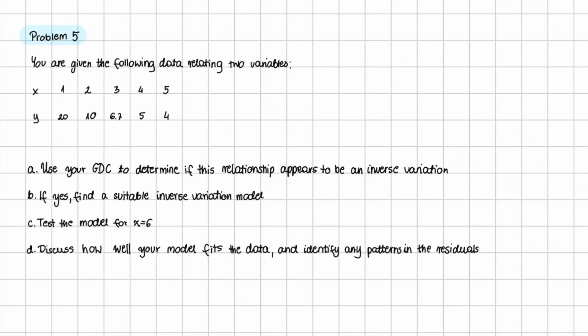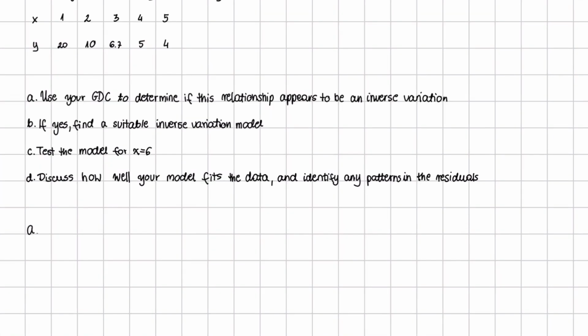Problem 5. You are given the following data relating two variables, and we have the first row with x and the second row with y. And in A, use your GDC to determine if this relationship appears to be an inverse variation. So firstly, we have to recall how our relationship looks in inverse variation. So it is simply y equals a constant divided by x.